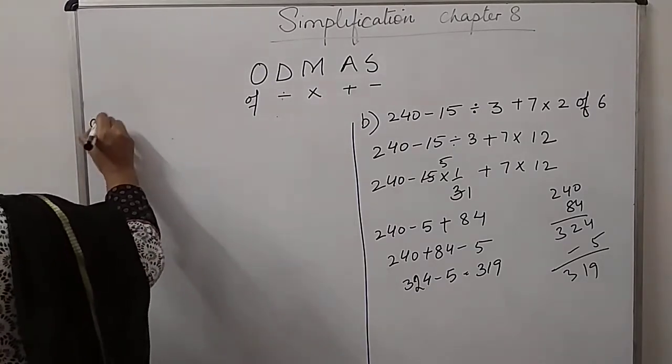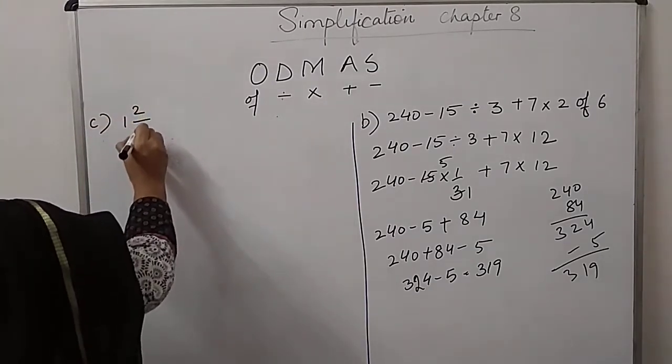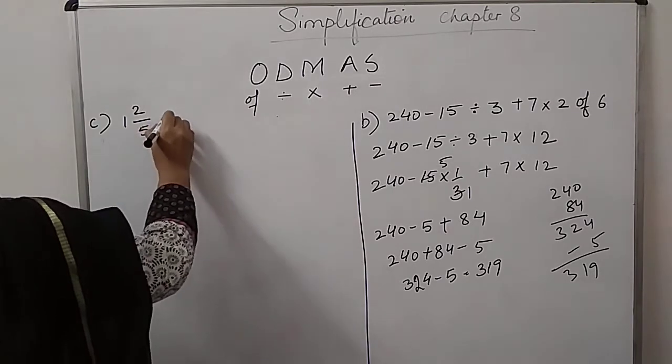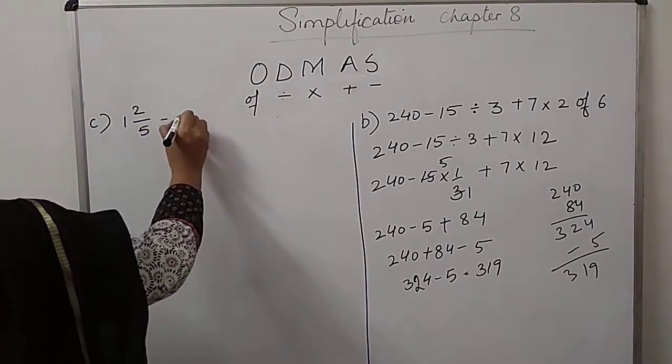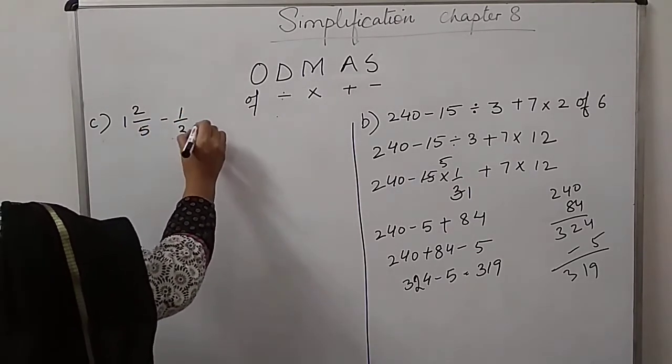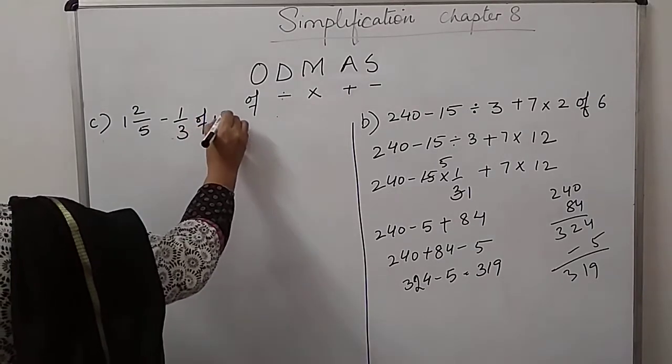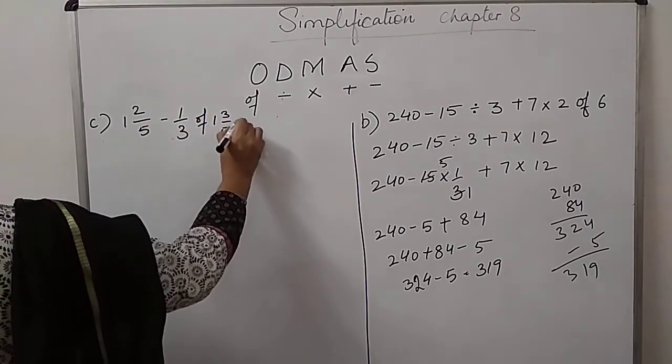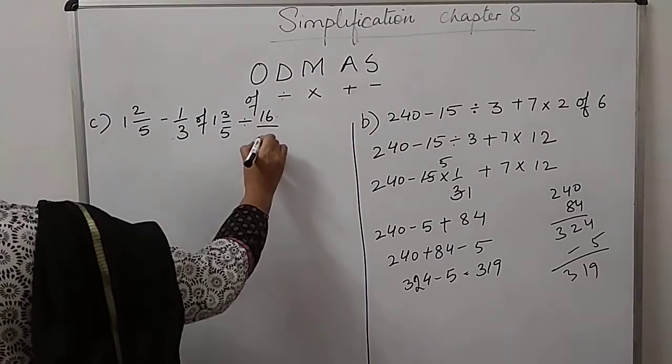1 and 2 by 5 minus 1 by 3 of 1 and 3 by 5 divided by 16 upon 25.